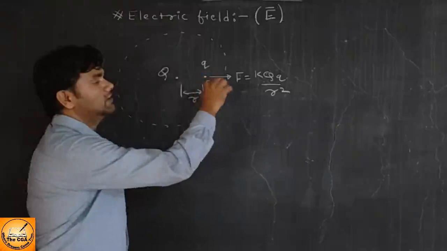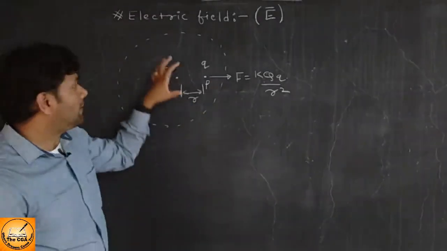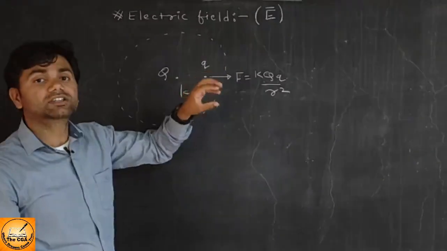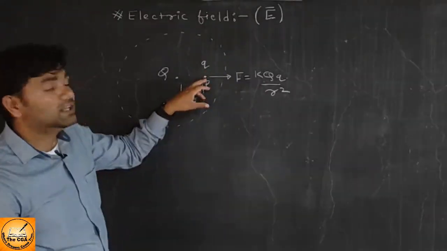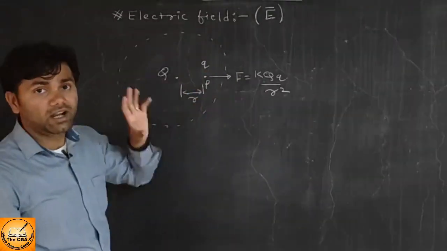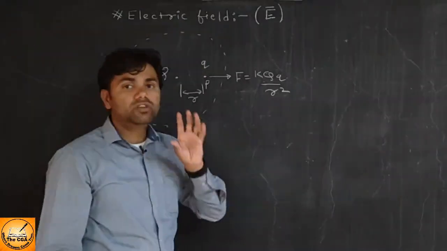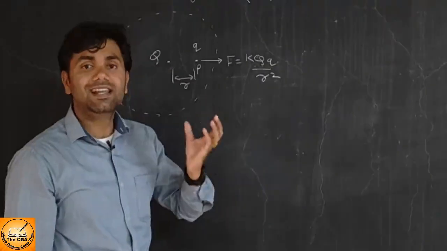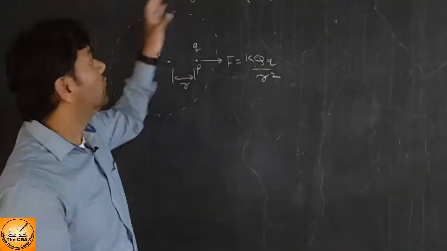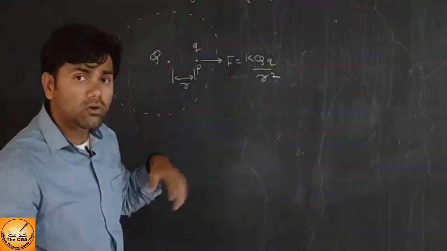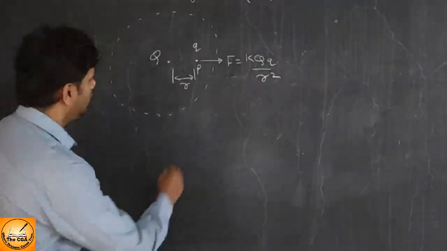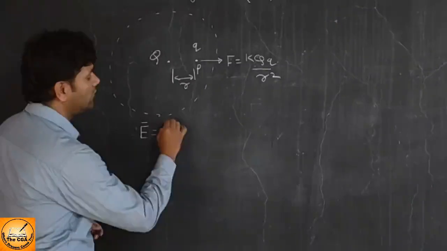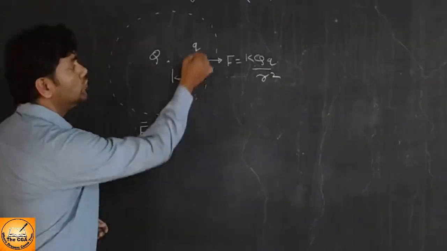So let's consider point P. This capital Q charge has the ability to exert a force on any other charge whenever it comes to this point P, right? That ability of the charge to attract or repel other charges is called the electric field, right? If I want to define it mathematically, we can say electric field is nothing but the force acting on any unit charge.